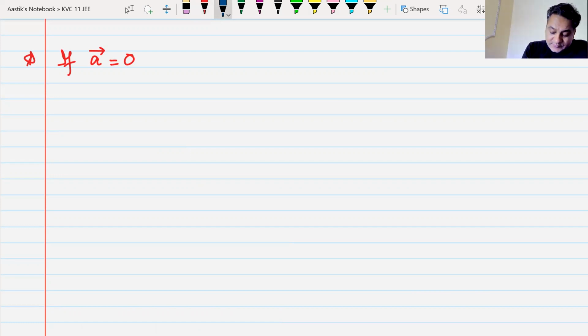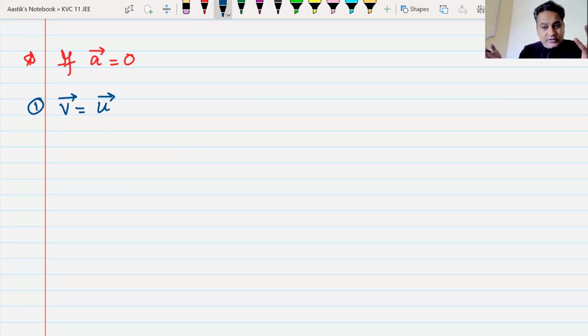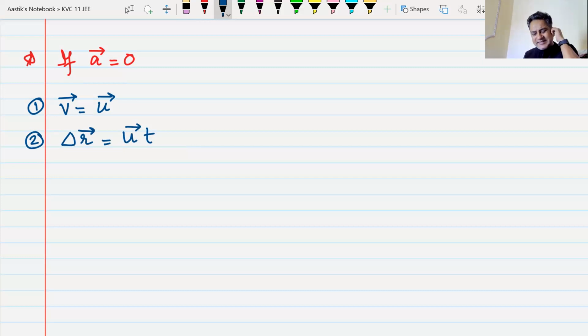Yes or no? The first equation becomes V is equal to U. That means velocity remains same. There is no acceleration, velocity has to remain same. Do we understand this? The second equation becomes displacement delta R is equal to U multiplied by T. Yes or no? So if acceleration is 0, the equations become very simple.